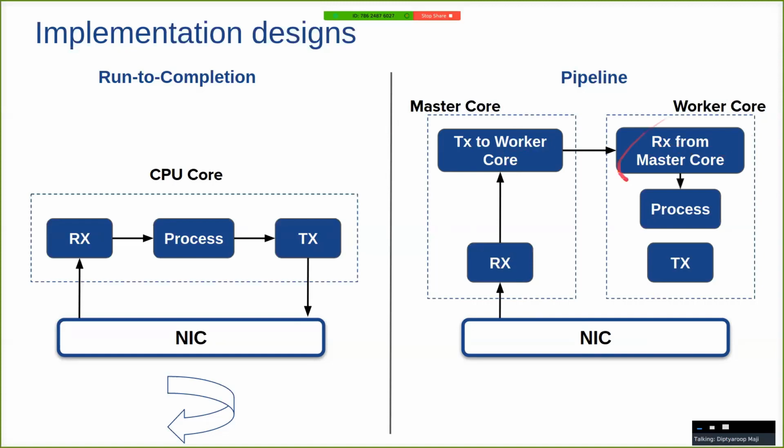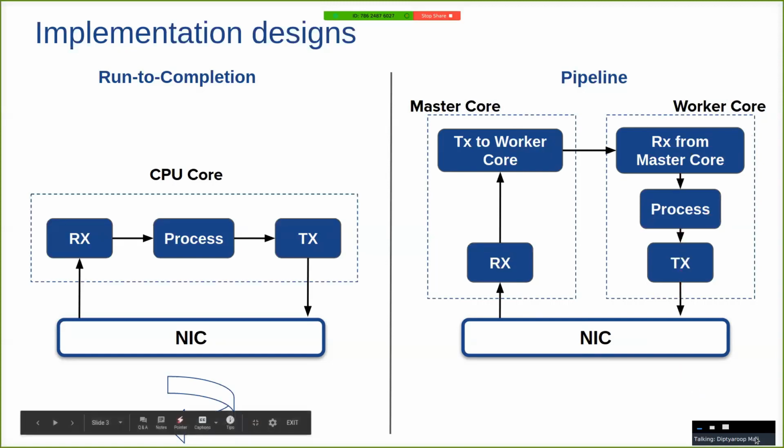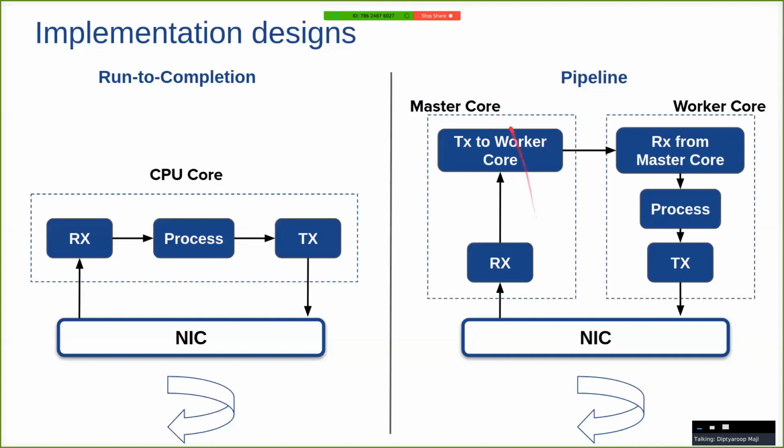The worker core will now receive those packets from the master core, process them, and then transmit them out via the NIC. And this cycle continues. That is, whenever there is a bunch of packets, the master core receives them and transfers to the worker core. The worker core will process those packets and then send them out.